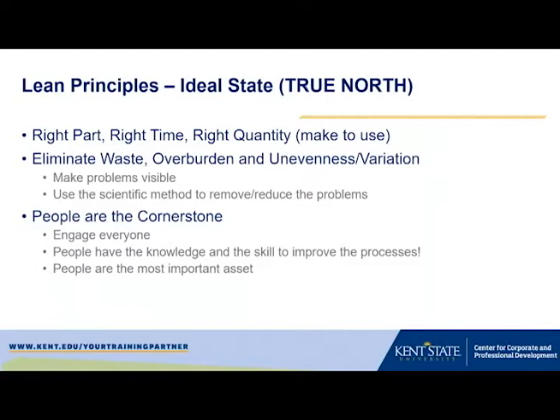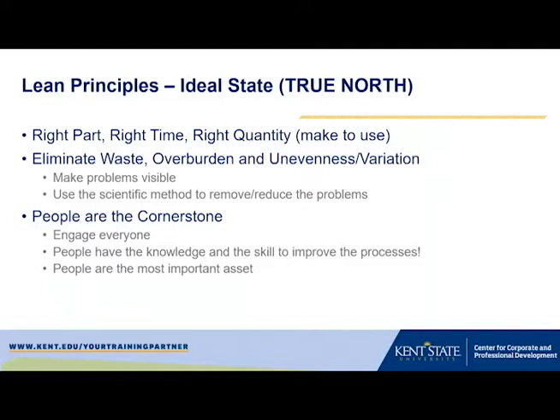In order to do that, when we have problems, we need to recognize them, make them visible, and then use good scientific techniques, scientific method, to identify root causes and deliver solutions that eliminate those from recurrence.